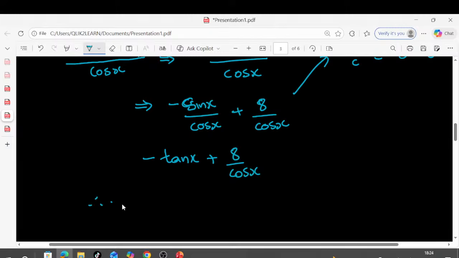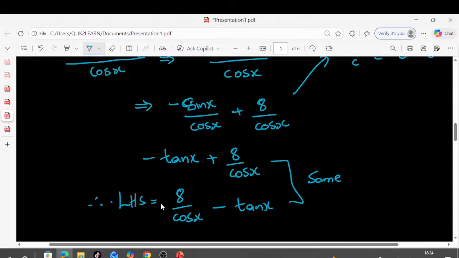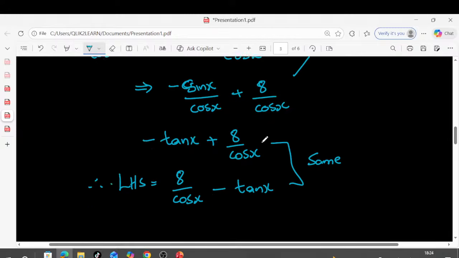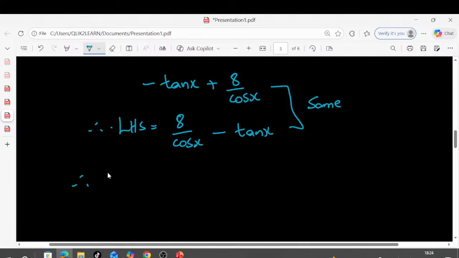Therefore, my left hand side should be 8 over the cos of x, let's minus that tan x. These two things are the same. I just rearranged. Remember, we just put this thing to be the same as our right hand side. Then you can conclude and say, therefore, my left hand side is equal to my right hand side.